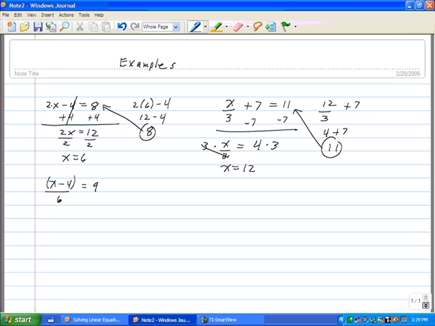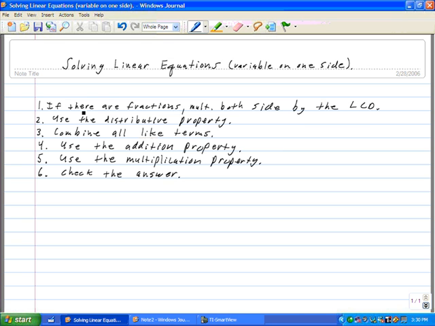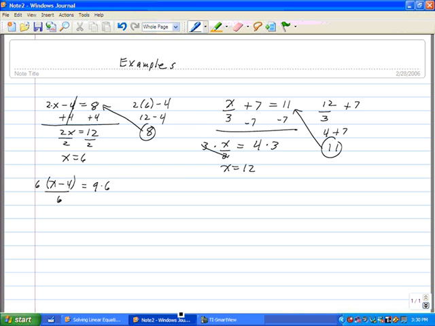In this particular problem, we have a fraction that we're going to want to get rid of, and so therefore we will start off multiplying both sides by 6 as step number 1 indicated that we should do. Multiply through to get rid of the fractions. The 6 will cancel the 6. We have an x minus 4 equaling a 54.